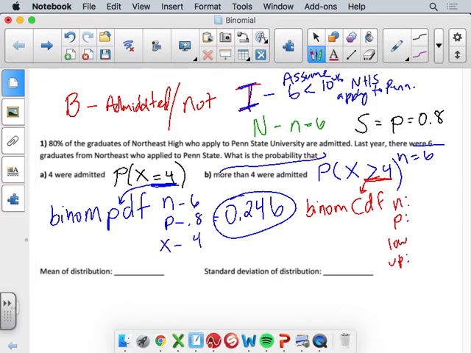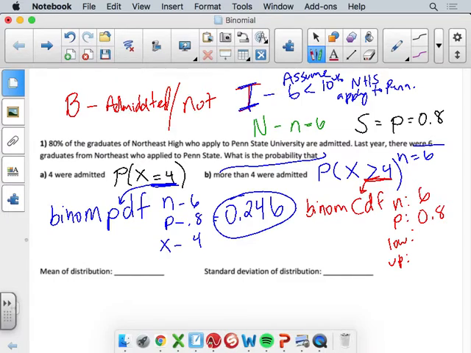On your calculator, you go to stat, distributions, scroll down to B, it goes NP lower upper. So number of trials is 6. Probability of the event we're looking for is 80%. Then what's the lowest value? You're looking for a range.